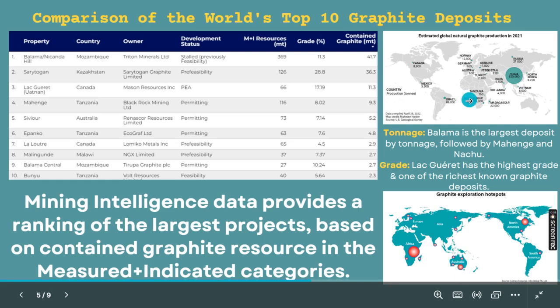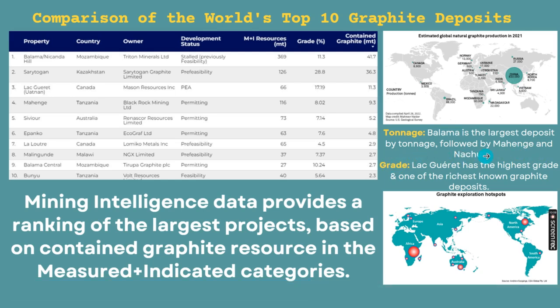Okay. So by tonnage, Balama is the largest deposit, followed by Mehengia and Nachu. These are by tonnage. If you see 369, then 126. Okay, this is some old data anyway. And grade wise, see here, the highest grade is 28.8, I think.